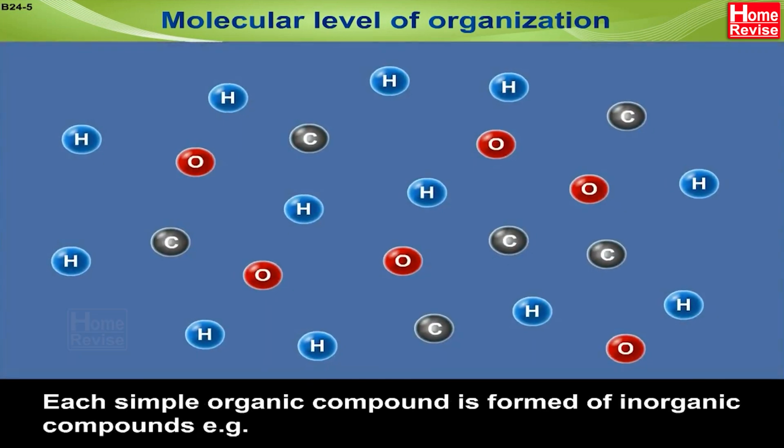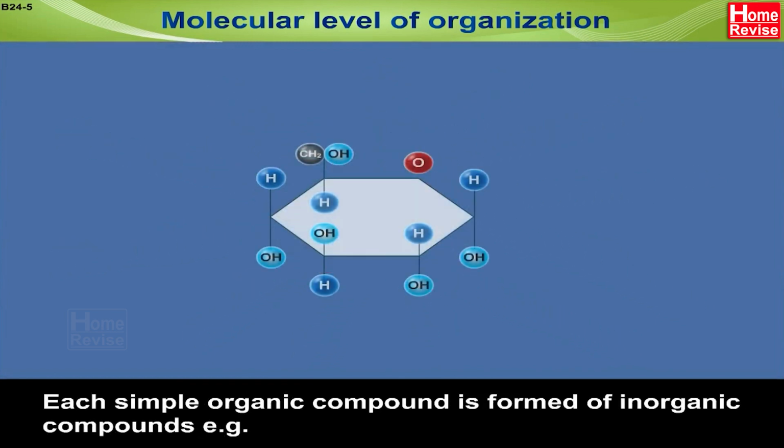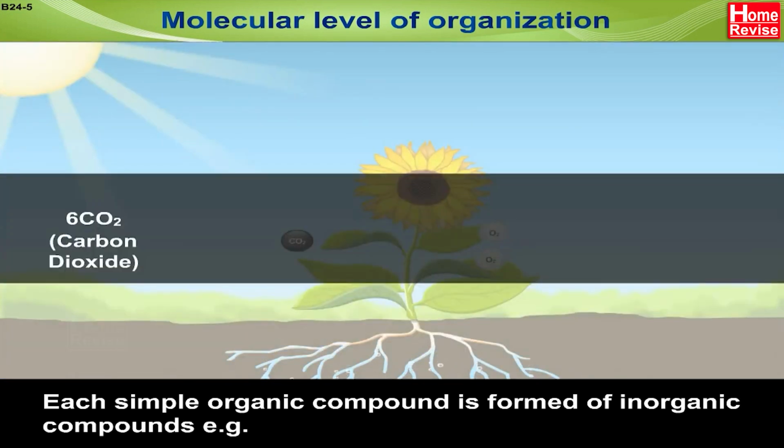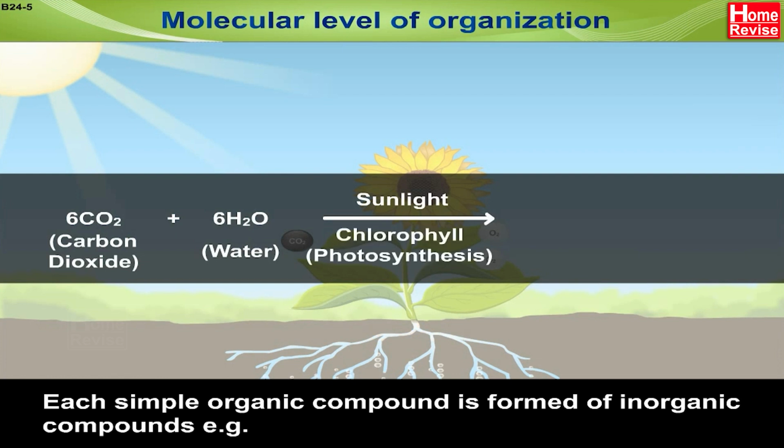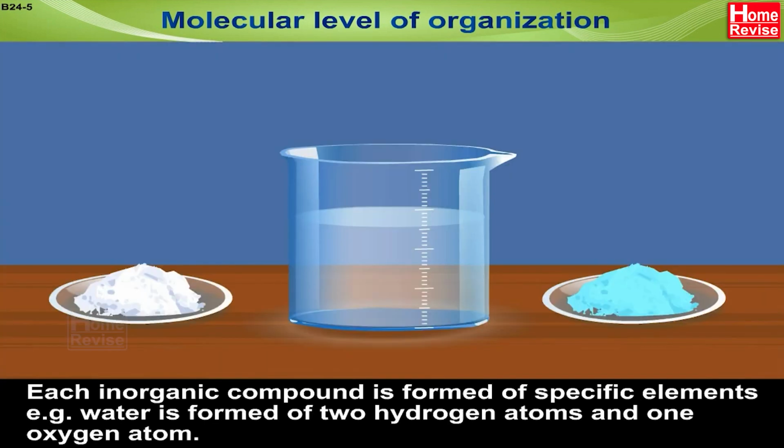Each simple organic compound is formed of inorganic compounds. For example, 6CO2, carbon dioxide, plus 6H2O, that is water, in the presence of sunlight and chlorophyll, gives C6H12O6, that is glucose, plus 6O2, that is oxygen. Each inorganic compound is formed of specific elements.